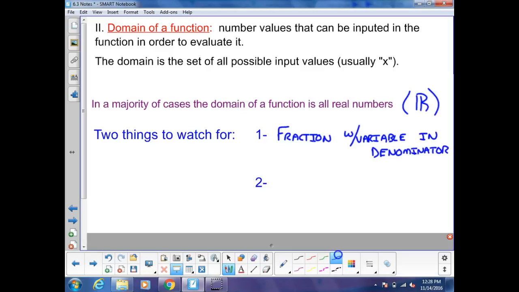A regular old fraction would still have all real numbers as its domain. The thing is, the variable has to be in the denominator. And if we're in that case, we have to make sure that the denominator is not equal to 0, because we can't divide by 0. So that's our kicker. Denominator can't be 0.